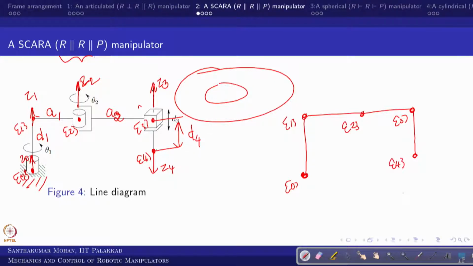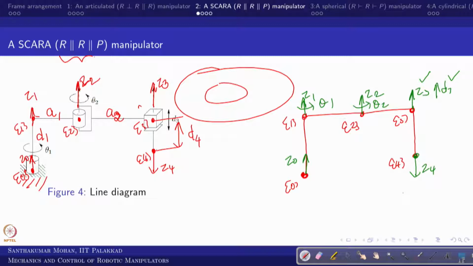So this is z0, this is z1, this is z2 and this is z3. d3 is a variable distance, in this case theta 2 is variable, and in this case theta 1 is variable, and in this case I took it in the opposite direction.